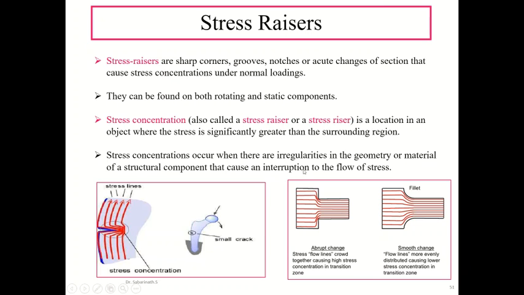So in this example, you can see an abrupt change in the stress flow lines. This abrupt change causes high stress concentration in this transition zone.